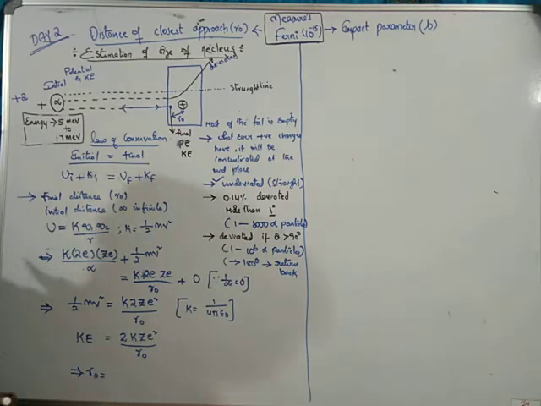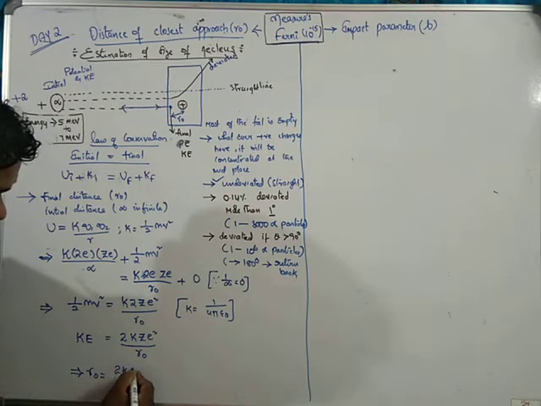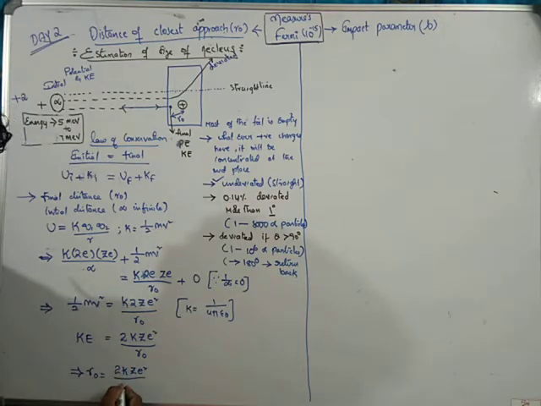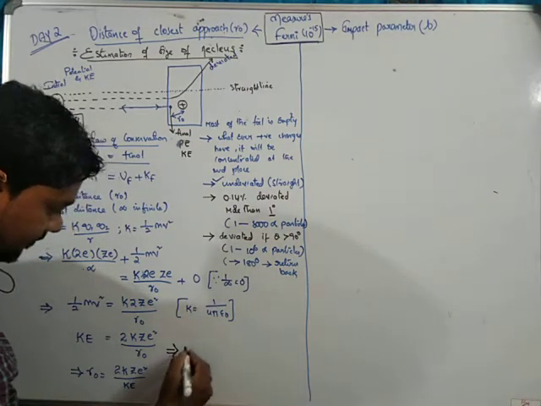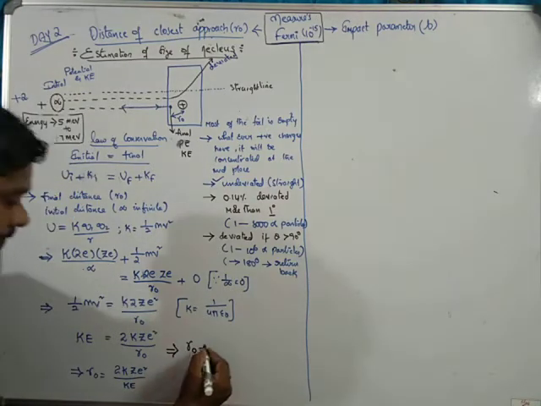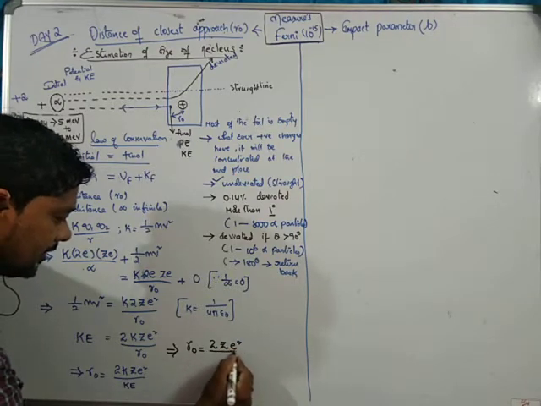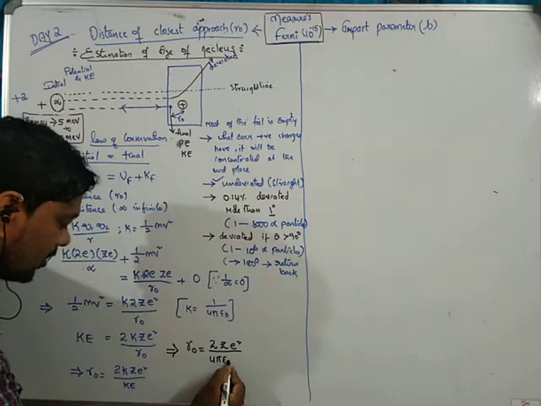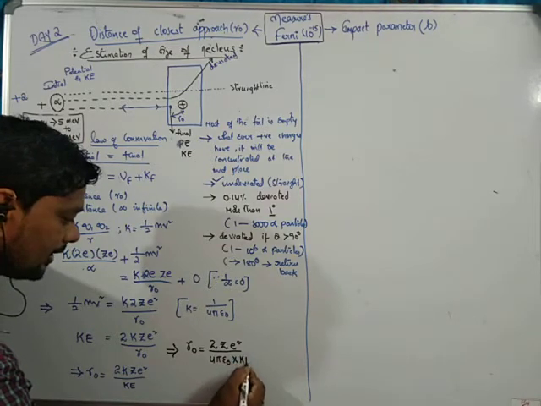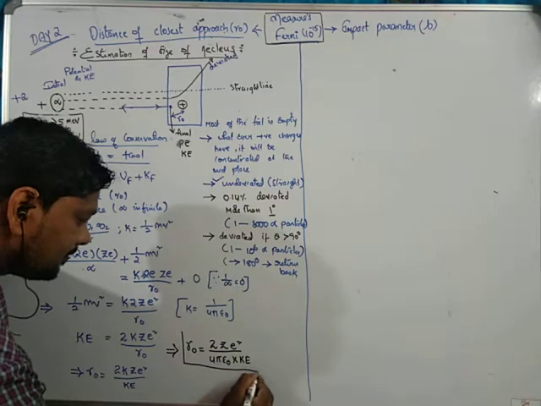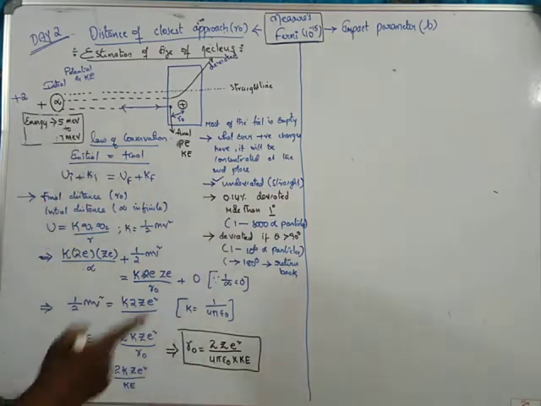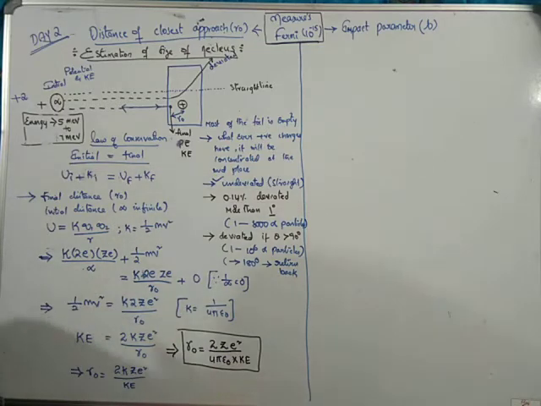So r naught is equal to 2 into k into Z e square divided by the kinetic energy. We will define k, so we get the final expression: r naught is equal to 2 into Z into e square divided by 4 pi epsilon naught into kinetic energy.